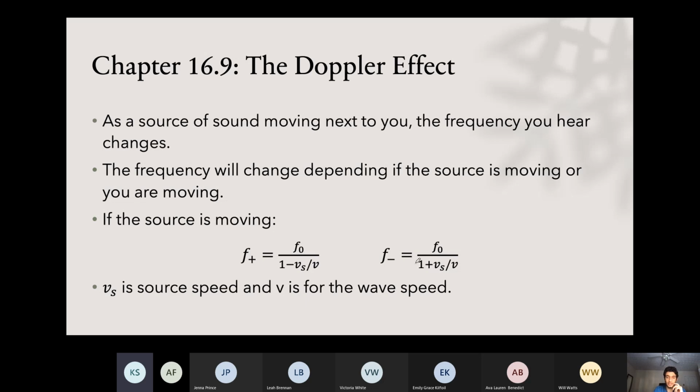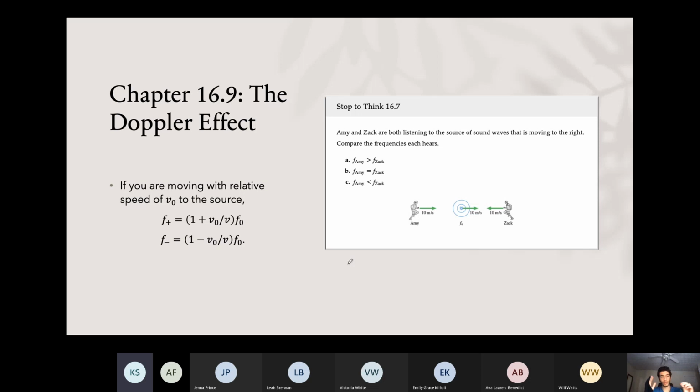And if you want to find the lower frequency, as if you're behind it, just change the sign. Instead of minus, that will be plus. Those equations are for if the source is moving towards you or away from you. But now, if you are moving towards the source, the equation changes.